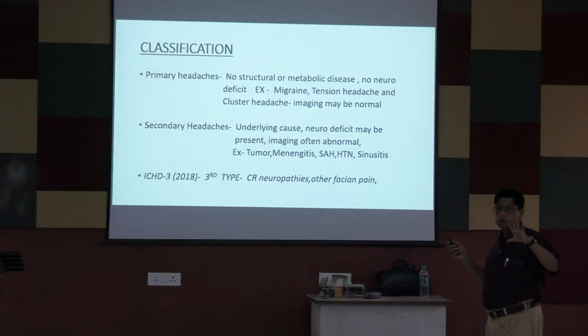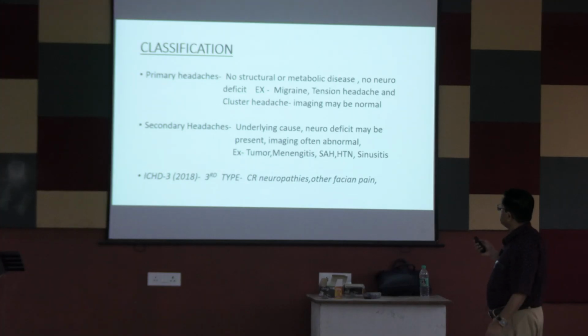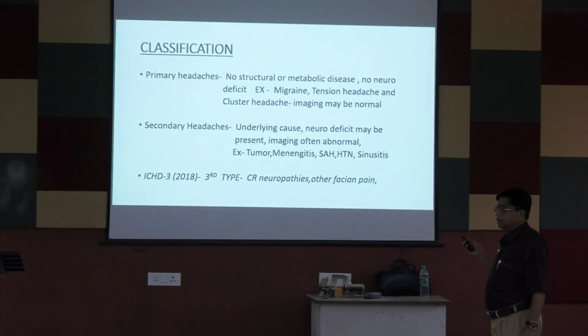There are three types of primary headache, where we do not know the cause. Though there are speculations that vasculature has some relation with the headaches, the actual cause of the vasodilation we don't know. That's why we classify it as a primary headache. Mainly three types: migraine, tension headache, and cluster headache.